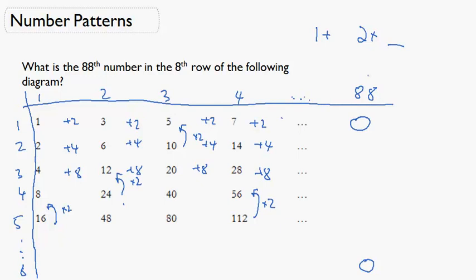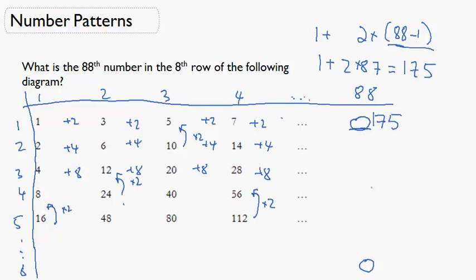So to get to the 88th term, we add 88 minus 1 twos. So the answer to this figure right here is 2 times 87, and that is equal to 175. So here is 175.